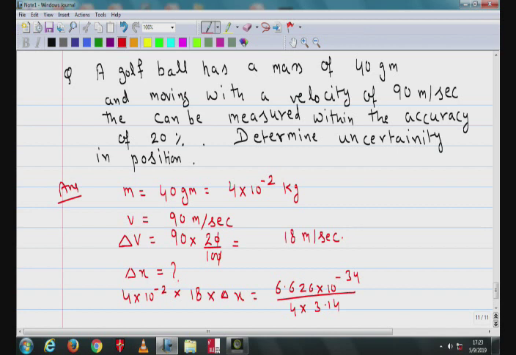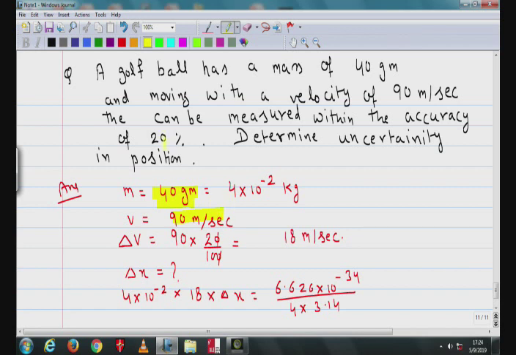Senapati, look at this. The question is saying the golf ball has a mass of 40 grams. So first of all, you have to convert the mass into kgs. For that, what will I do? I'll divide this mass by 1000. When you divide 40 by 1000, you will get 4 into 10 to the power minus 2 kgs. Now, you have the velocity, which is 90 meter per second. The question is saying you can measure it within the accuracy range of 20%.